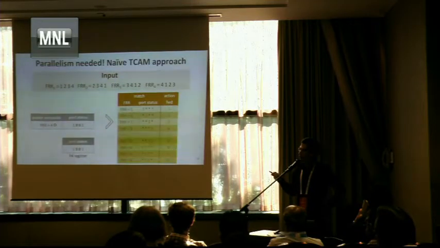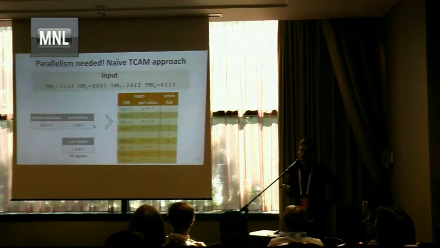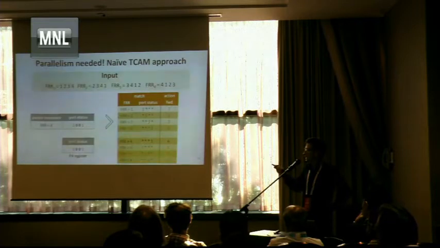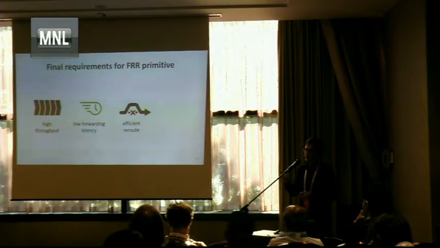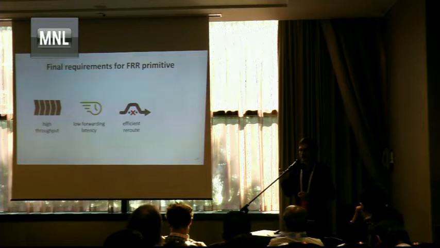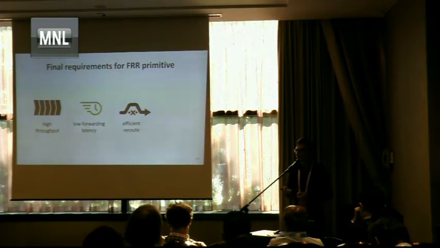If we want to implement all the 4 faster route actions, we can duplicate this approach, and we will have different TCAM entries for each faster route action. So this approach supports efficient rerouting, which means that as soon as the switch detects a failed link, packets will be immediately rerouted to the first active port.